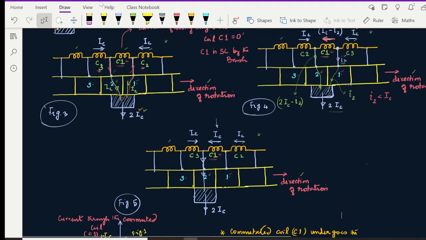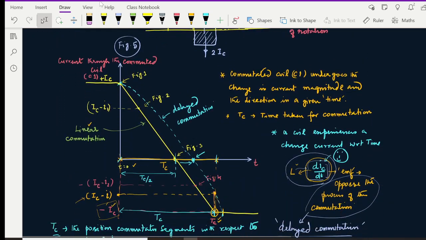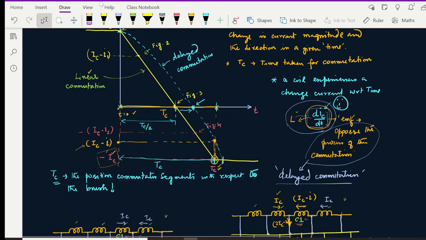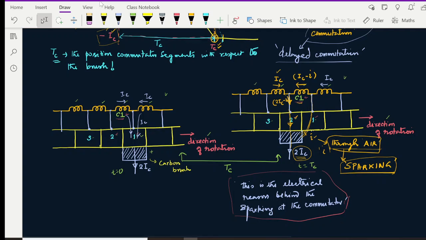Then we looked at delayed commutation and what linear commutation is, and due to delayed commutation why there is a spark in the commutator and brush arrangement.